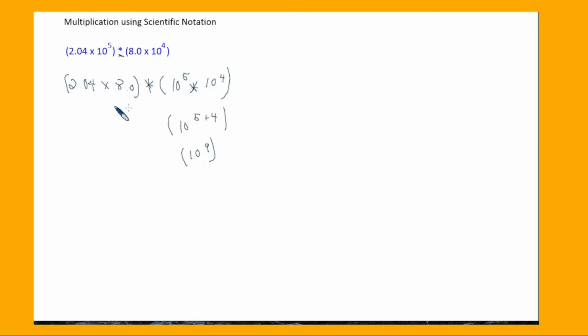And since for these videos I am going calculator free, which means I do things the old-fashioned way, I'm going to take 2.04 and multiply it times 8.0. 8 times 4 is 0, and then that would be 0 all the way across, so we'll just use a shortcut. Now 8 times 4 is 32.